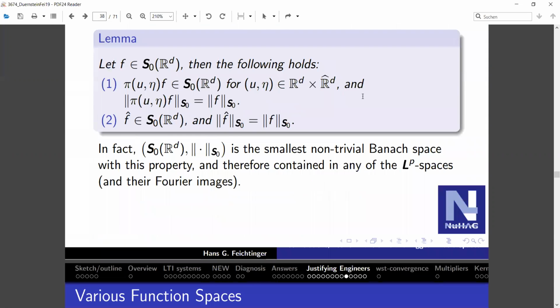And we were having the obvious properties that time-frequency shifts, a time shift by u followed by a frequency shift of eta, are isometric. And rotation by 90 degrees, if we use the Gauss window, is giving us an isometric invariance under the Fourier transform. In the old days, before I was using this characterization, people were asking me, well, is the Fourier transform isometric on S0?